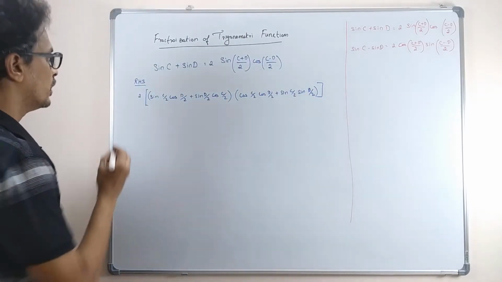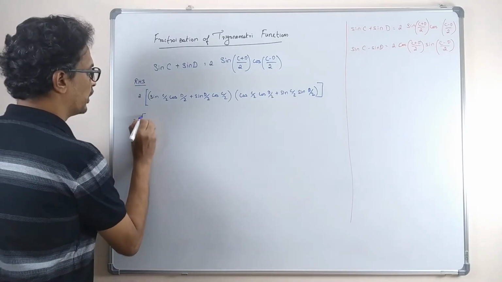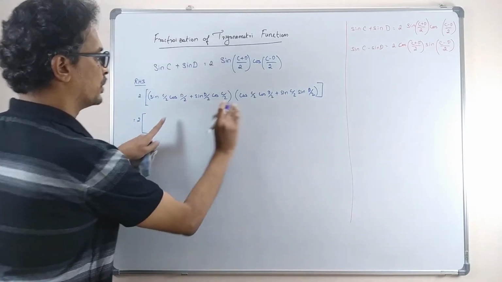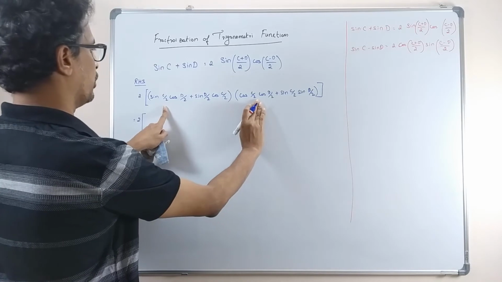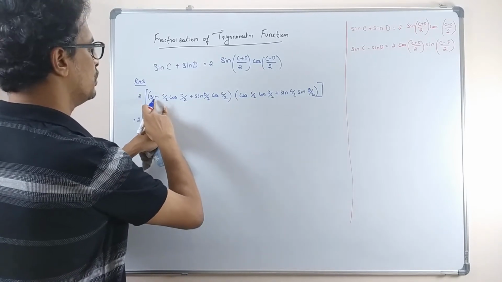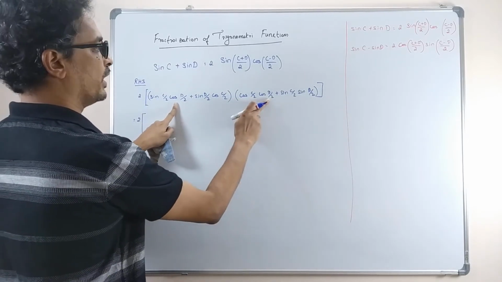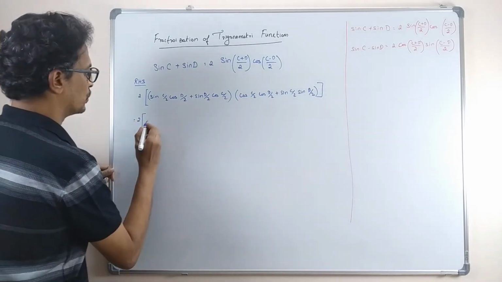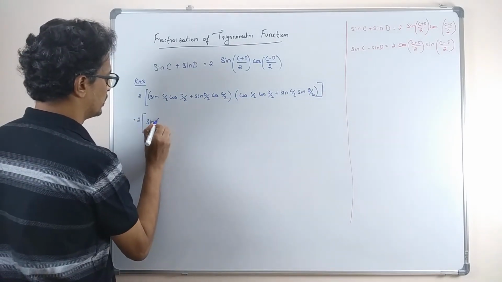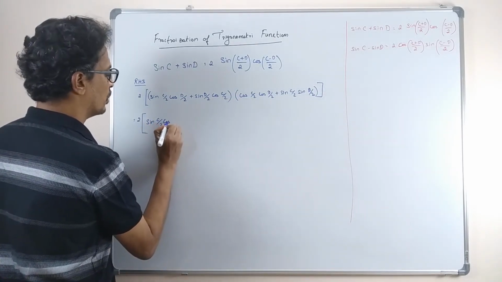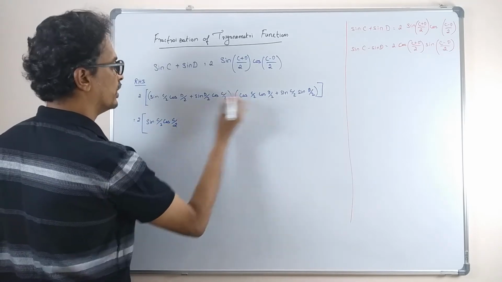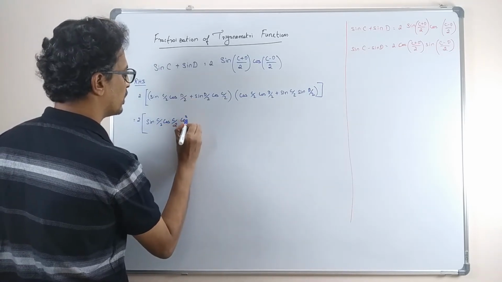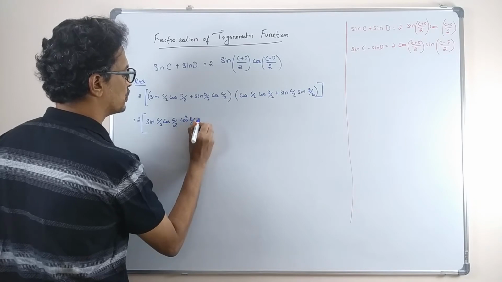Okay, so let us expand it. This is equal to what? Multiply it. So when I am multiplying these two, what are you going to get? Sin C/2 cos C/2 into cos square D/2. Correct?